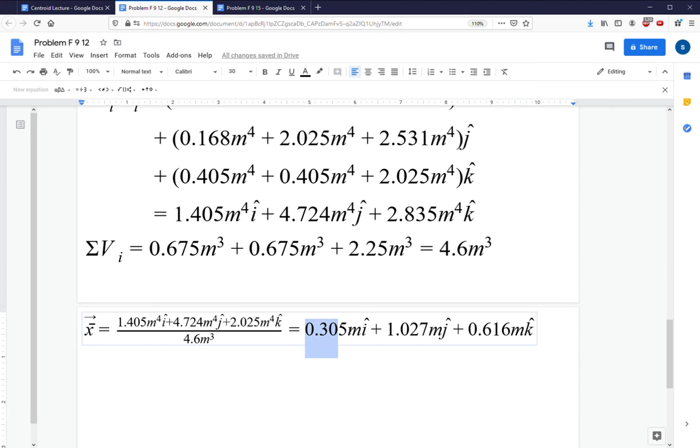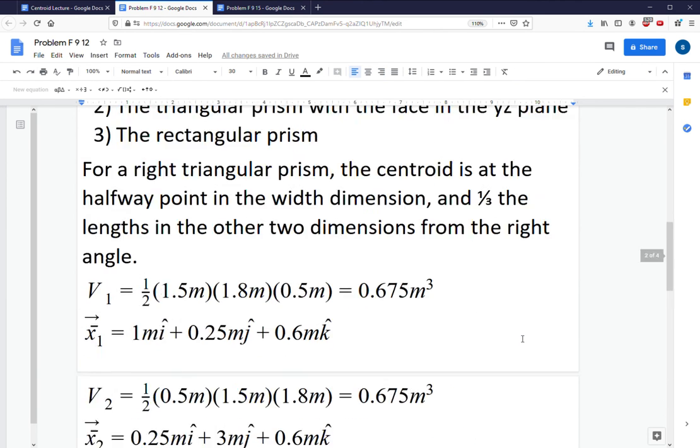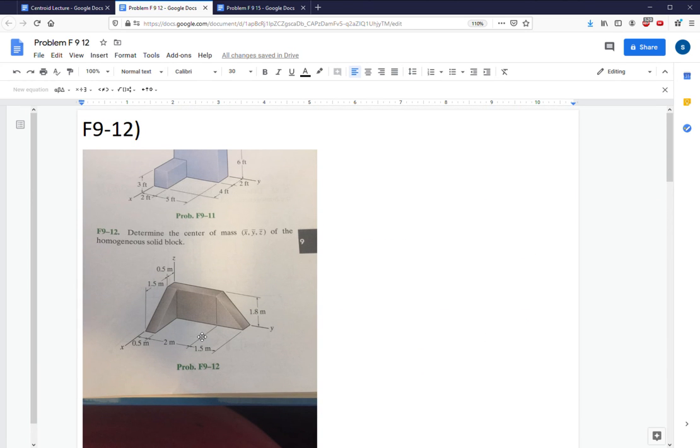So this is the x component of the centroid, this is the y component of the centroid, and this is the z component of the centroid. Now, one thing that's kind of interesting about this, if you think about this position vector, that is empty space. It's in front of this face. So there doesn't actually have to be a part of the object located at the centroid.